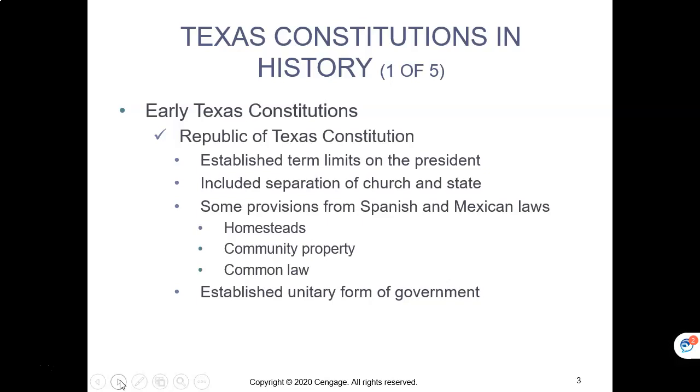But it was a big surprise to many that Texas did prevail, and prevail so quickly, in the war with Mexico. They were certainly not the only Mexican outpost that was in war with Mexico, and maybe that was part of the problem.